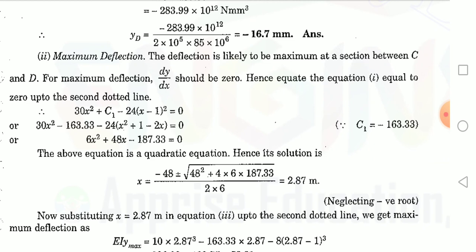So that is 30x squared plus c1 minus 24 times x minus 1 the whole squared equal to 0. You know the c1 value, that is 163.3. So 30x squared minus 163.3 minus 24, and x minus 1 the whole squared is x squared minus 2x plus 1.